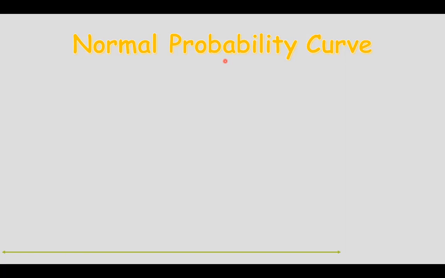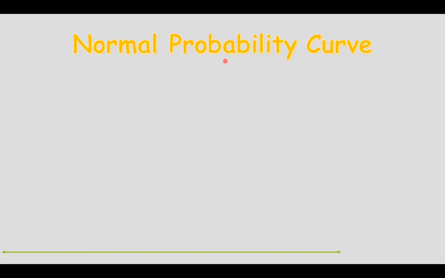That is the central value and how much scattered it is. That means they are defined by the mean and the standard deviation, that is the scatteredness of the distribution. And then we get this normal probability distribution or normal probability curve.